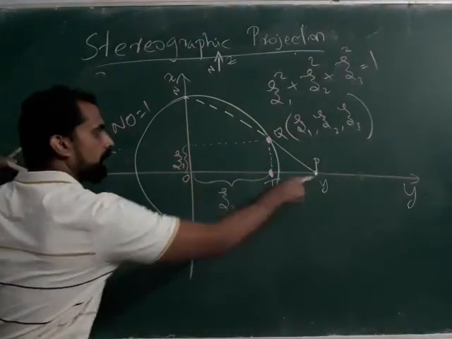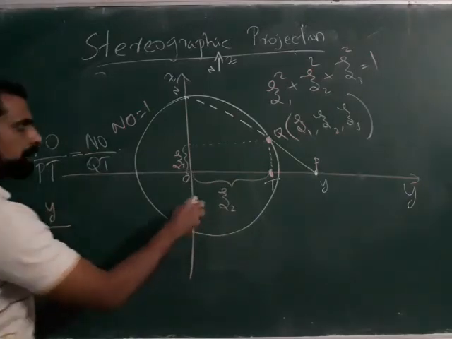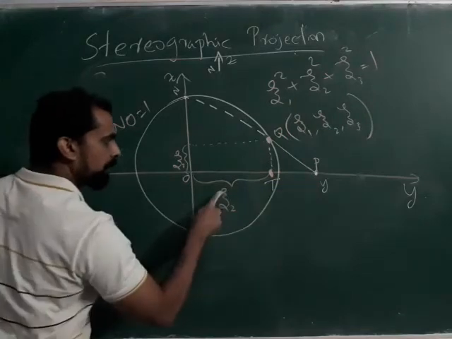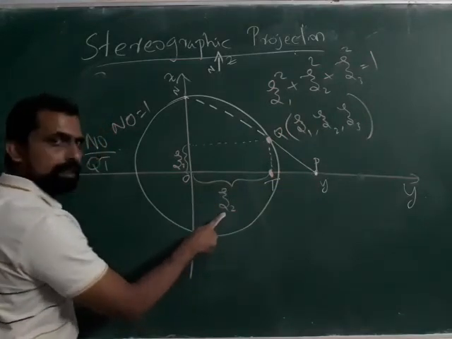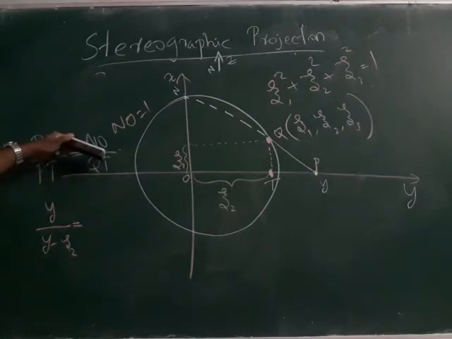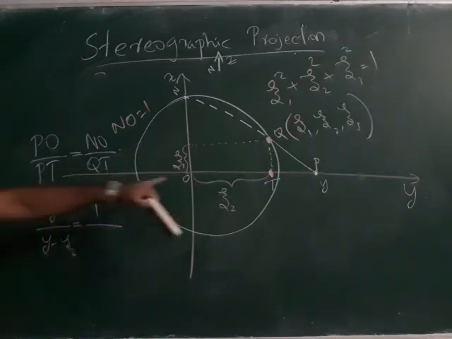What about PO? PO is y. And what about PT? PT is nothing but y minus theta 2. What about NO? NO is nothing but 1, divided by QT. What is QT?